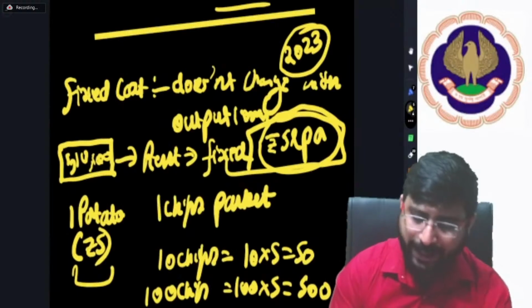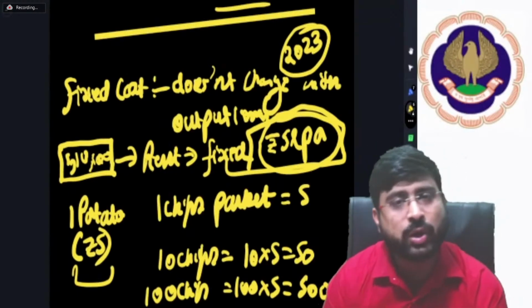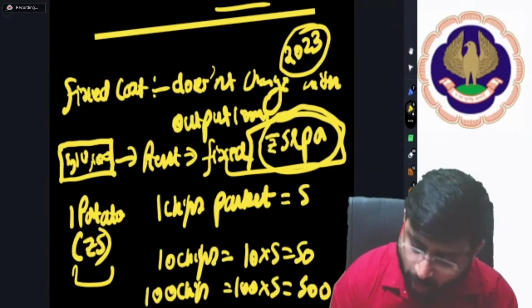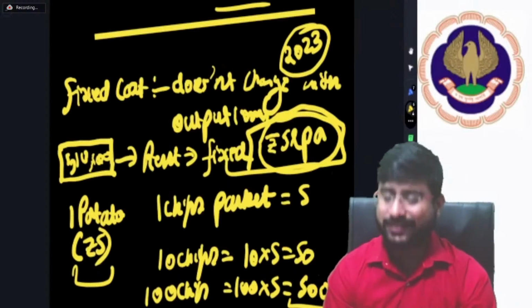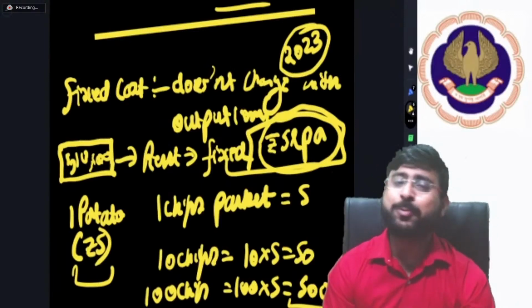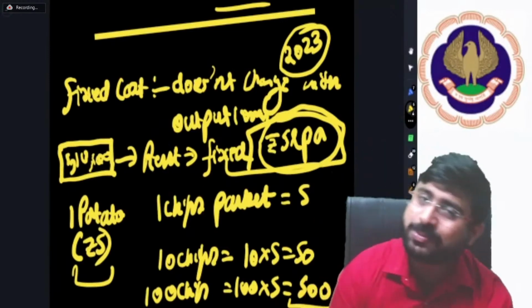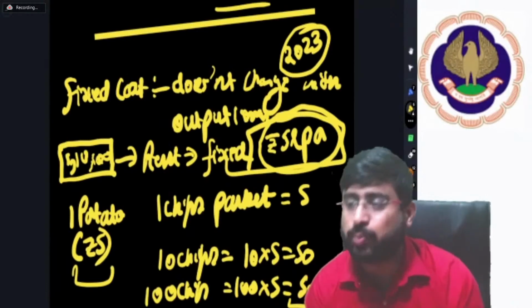In 1 chips packet, the cost was 5. In 10, it was 50. In 100, it was 500. So here it is changing with the output level. If one chips packet's cost is different from 100 chips packets', that is variable cost. The cost that changes with the output level.